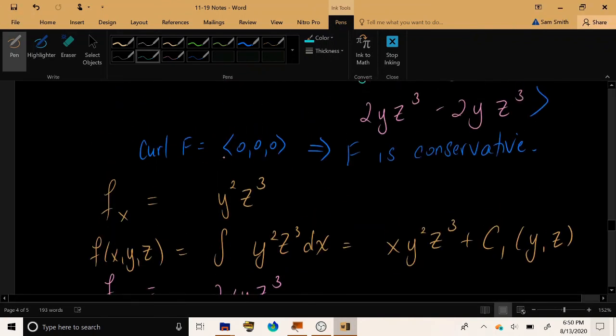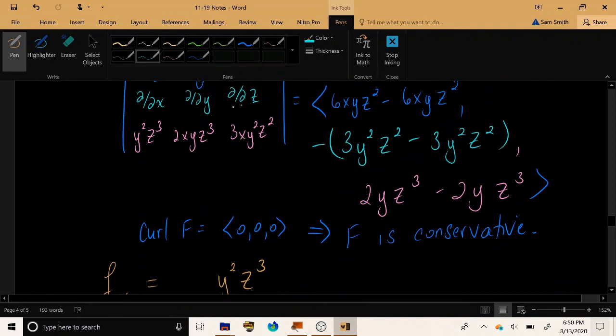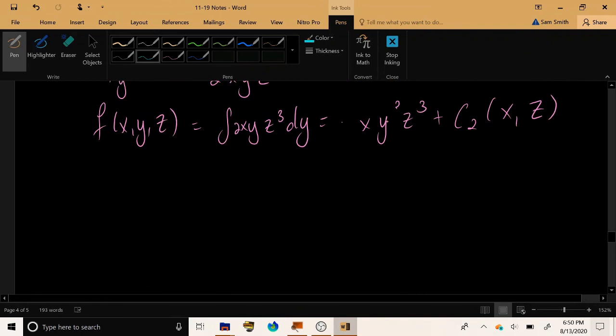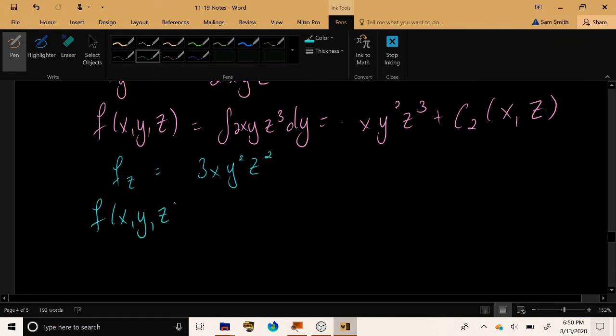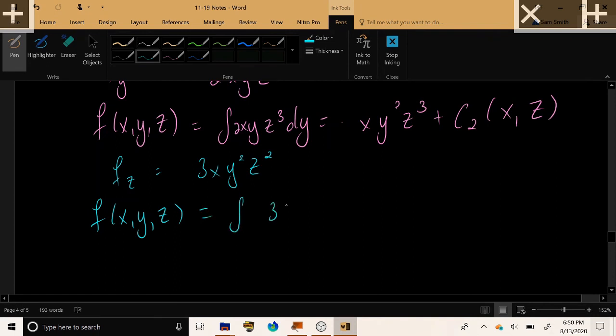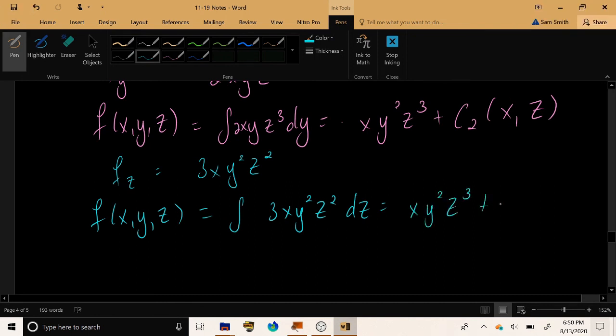And finally, if I have a look at the z component, 3xy squared z squared, we have f of x, y, z is equal to the partial integral with respect to z, and we get xy squared z cubed plus potentially some function containing x's and y's.